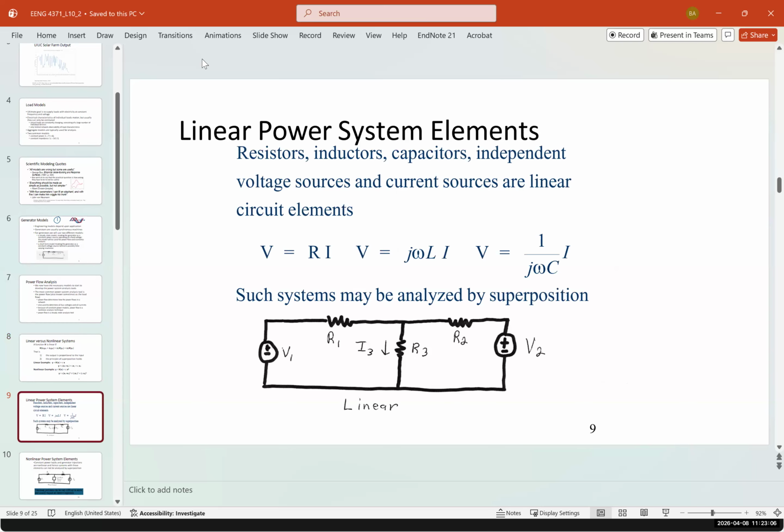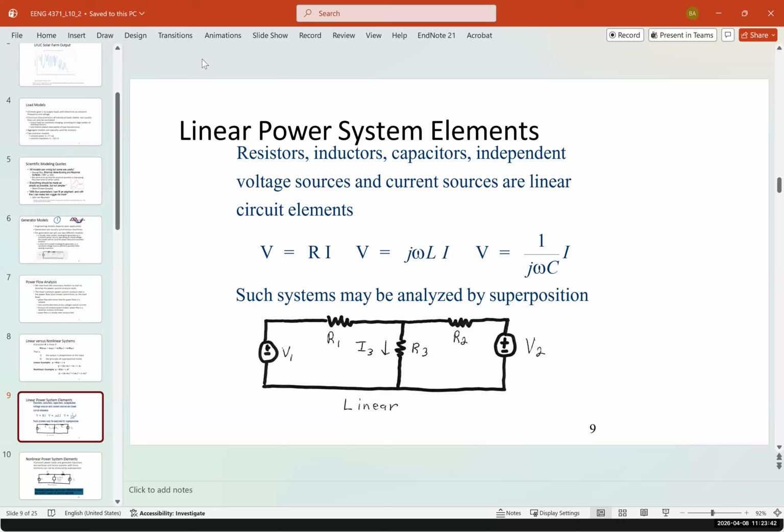Now, for some examples, inductors, capacitors, independent voltage sources and current sources are all linear circuits. Why? V is equal to Ri. R would be V over I, so it's a linear equation. Also, the impedance for a capacitance is 1 over j omega C, and for inductance is j omega L, I'm sorry. And all of these are linear systems, and such systems may be analyzed by superposition.